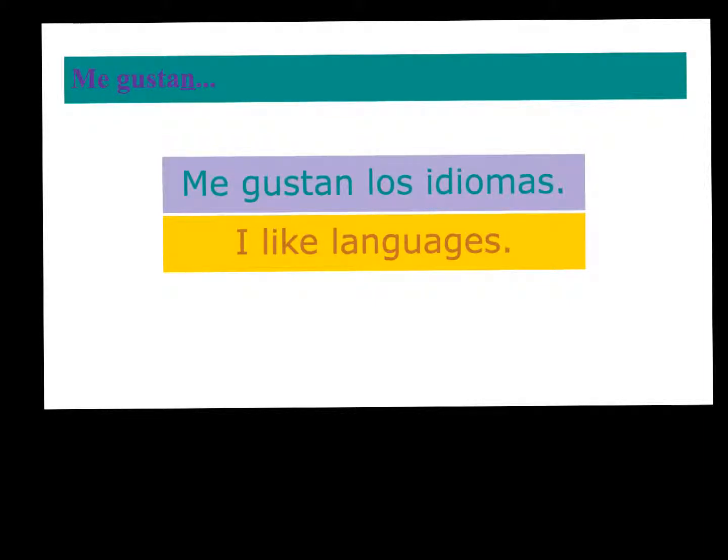Again, that is a literal translation of this sentence. The languages, they are pleasing to me. But it's completely the natural way of saying in Spanish, I like languages.